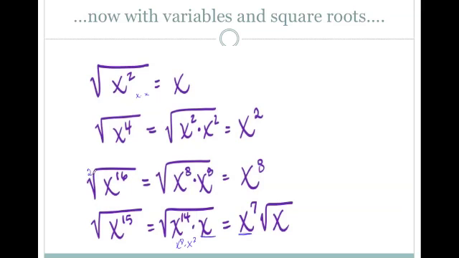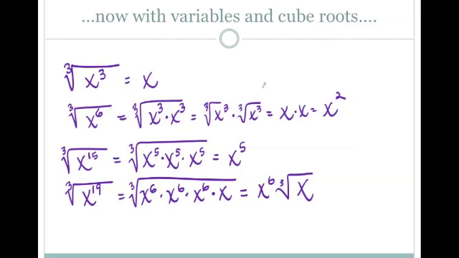If I divide 16, the power, by 2, I get 8, which became my answer, x to the 8th. Also down here, I have my root 2. If I divide 15 by 2, I get 7. Look at the answer. I get 7 with 1 left over.